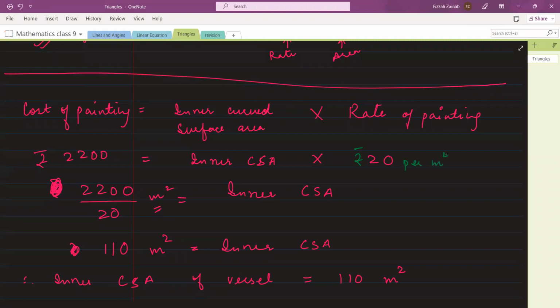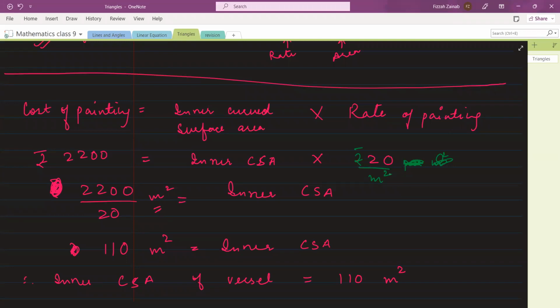This is how it should be written, right? Now per meter square means this meter square is going to come in the denominator. This is the meaning, right? Rupees 20 per meter square. I hope you understand.